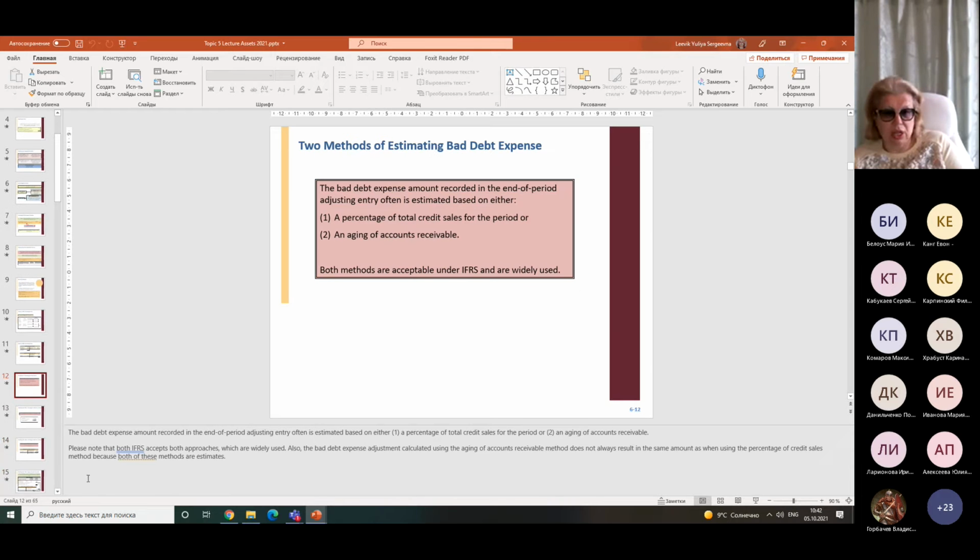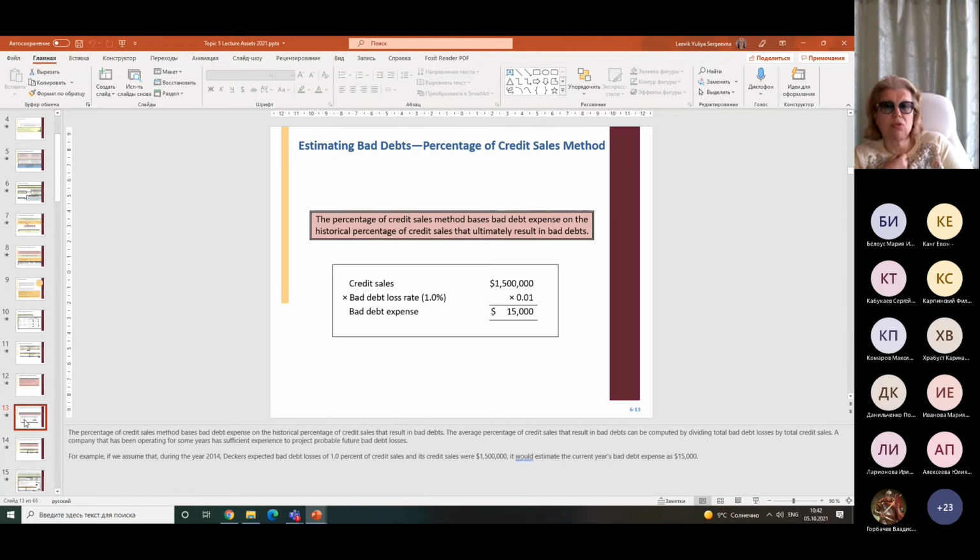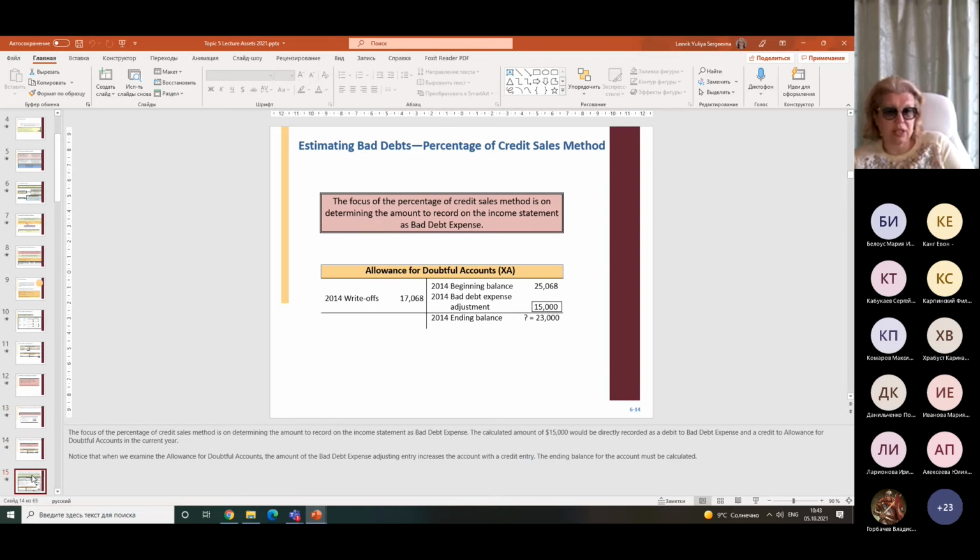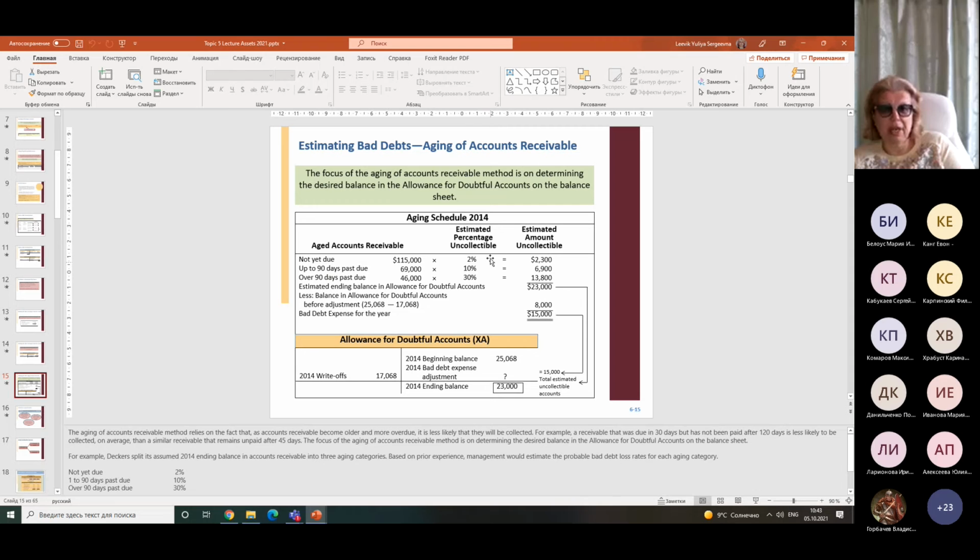So what else? Two methods of estimated bad debt expense. Of course, in your test you will find these two methods. The first one, the percentage of credit sales method, is really very simple. Just take a loss rate, apply the loss rate to credit sales, and compute bad debt expense. The second one is the aging of accounts receivable method.